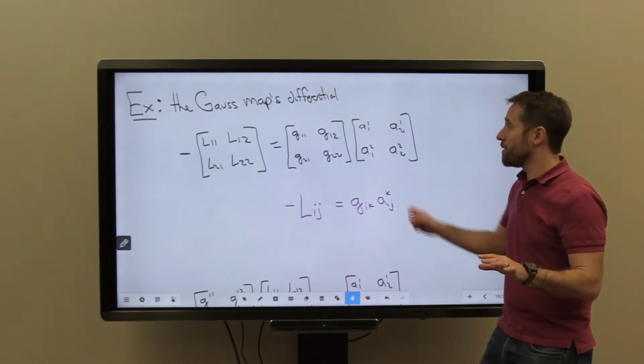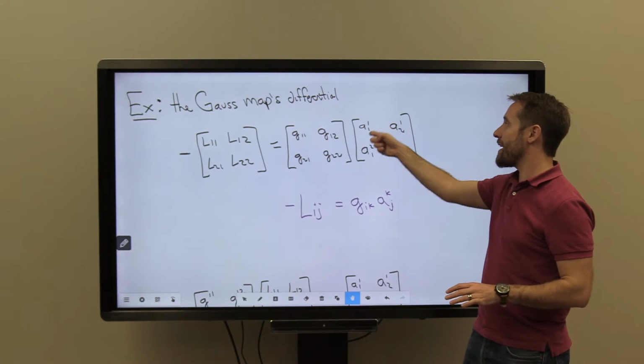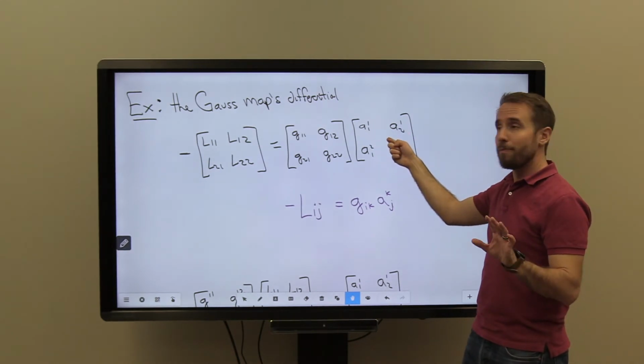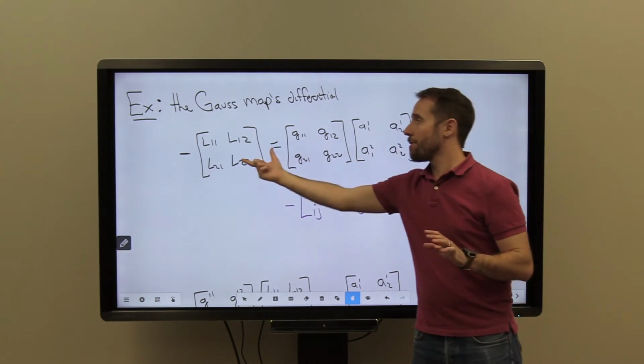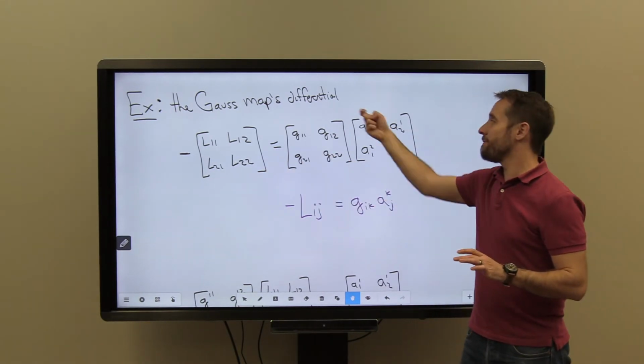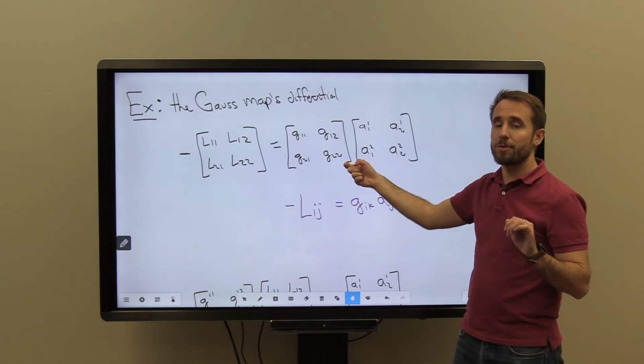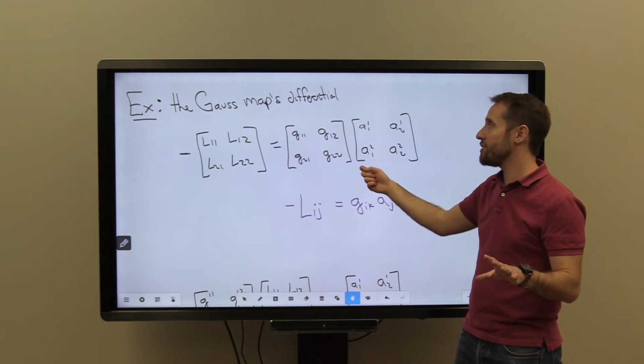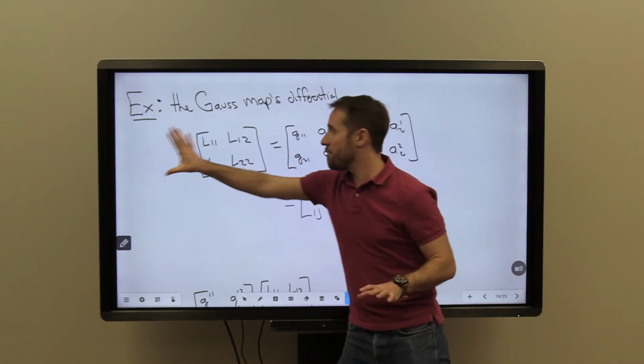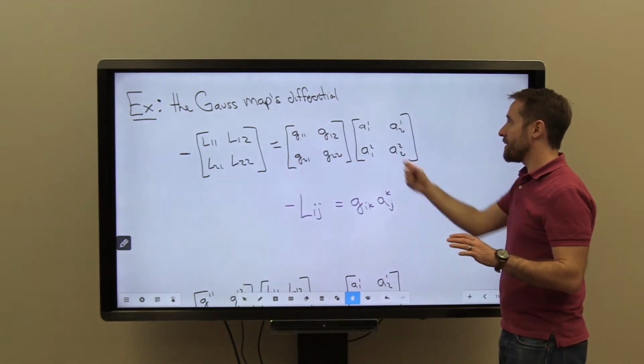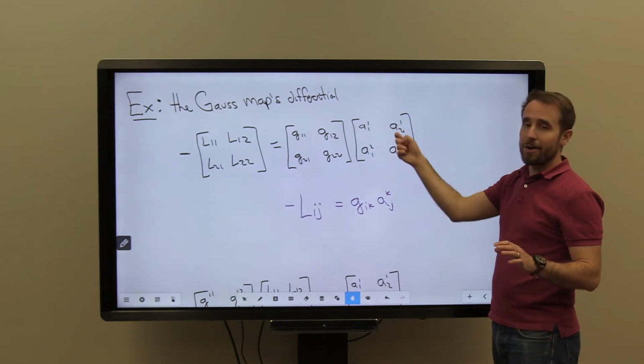Additionally, back when we were looking at this, we solved for the aij's by multiplying the left and right of this equation by the inverse of our first fundamental form. So we multiplied by the inverse of our Gij matrix, we moved that over to the other side, and we got a formula explicitly for our aij's.